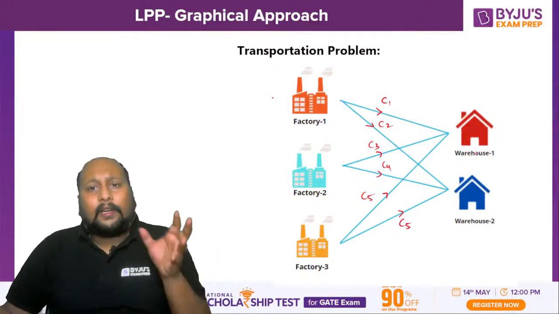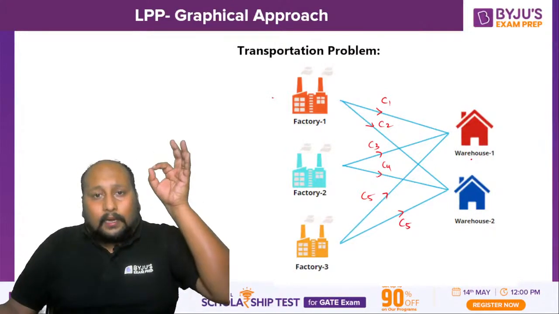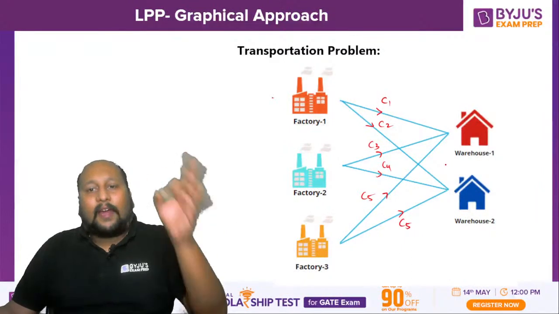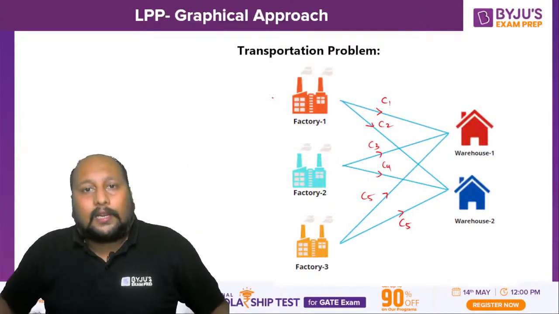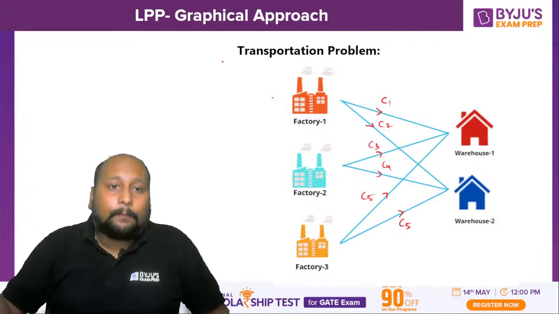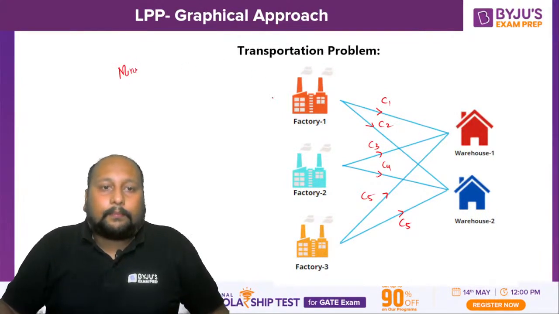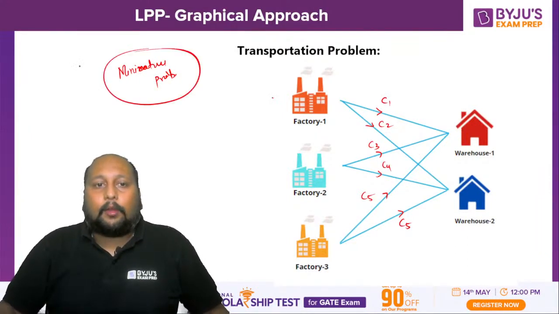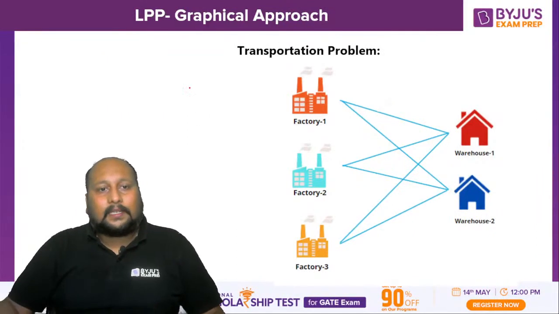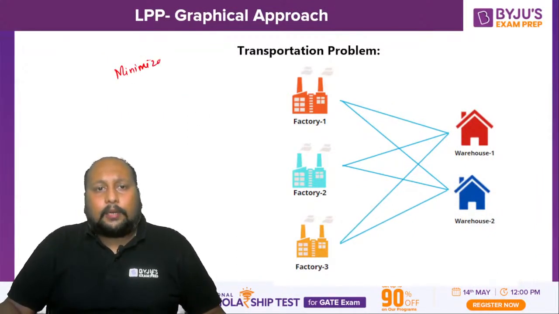So here we try to send the materials from factories to warehouses in such a way that the total cost of transportation is minimum. That means here I'm talking about a minimization problem. Is this clear?